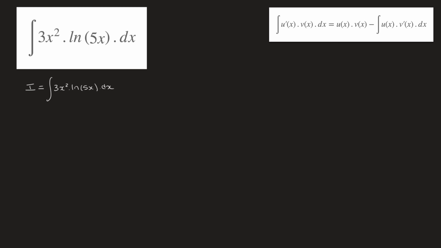Now when using this formula, the important thing to figure out is which of the two functions in the product we call u dash of x, and which one we call v of x. And a nice rule that I'll illustrate right now is that when we're dealing with a product of a polynomial function, like 3x squared, and a simple ln function, like this ln of 5x, then the quickest way to integrate this using integration by parts is to call the ln function v of x and the polynomial function u dash of x.